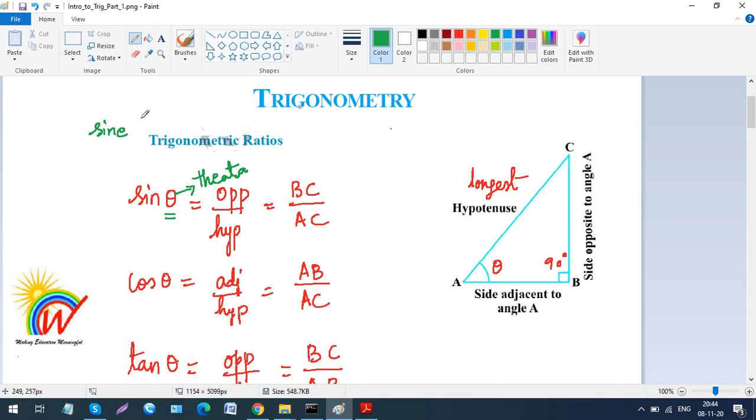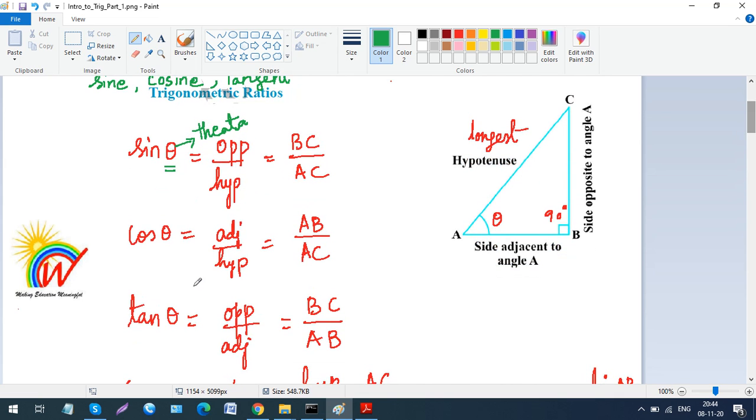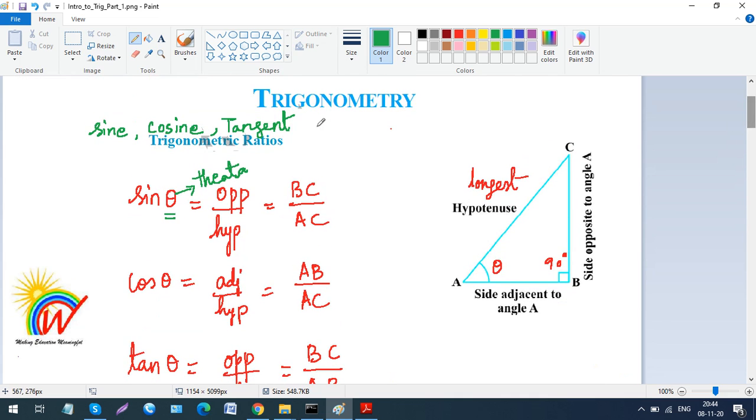And then the second one is cosine, which is usually written as just cos, and read as cos theta. Then you have tangent, read as tan theta. Then you have cosecant, read as cosec.